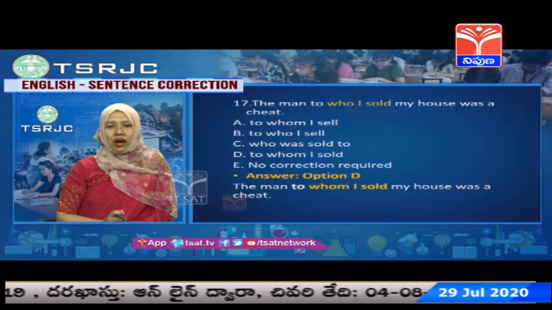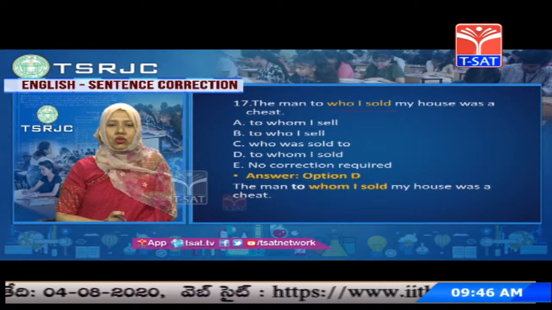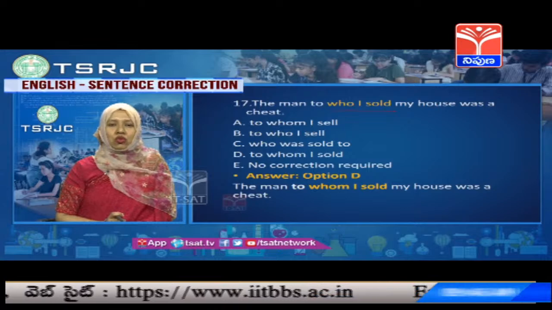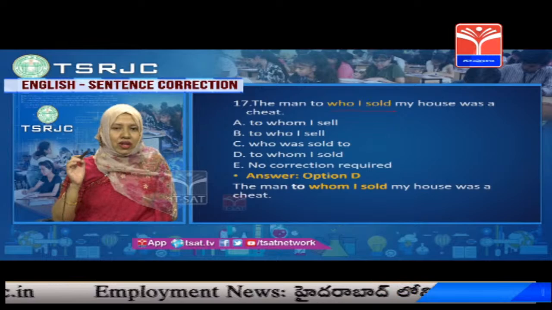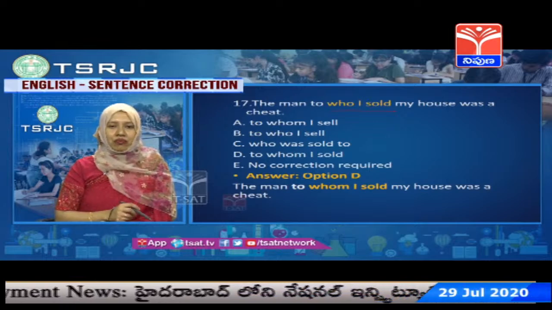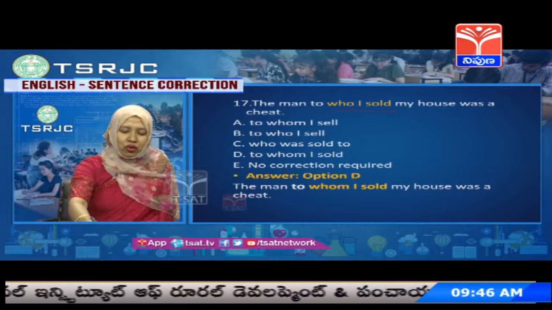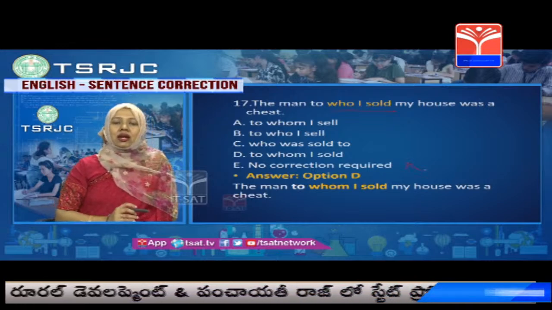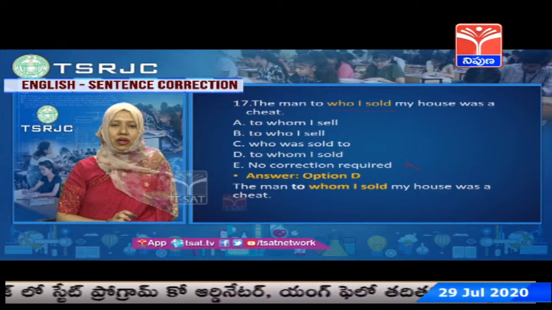A, to whom I sell; B, to who I sell; C, who was sold; D, to whom I sold; E, no correction required. If you read the sentence, somewhere in the mind it is saying that there is a mistake. The sentence is not grammatically correct. So option E is eliminated, there is a mistake, so "no correction required" cannot happen.